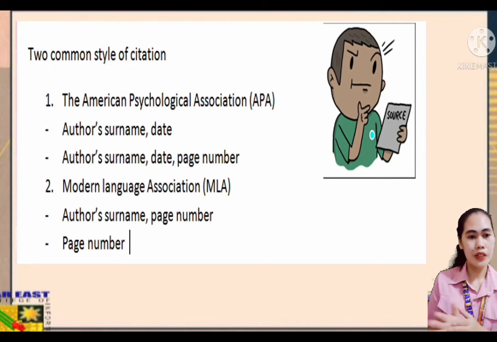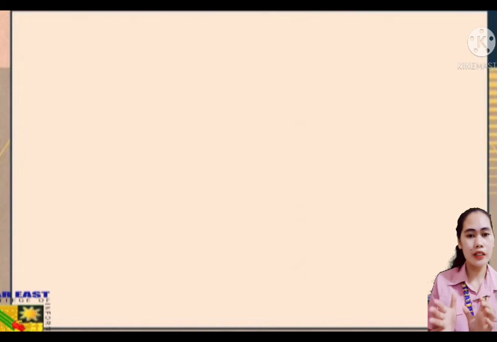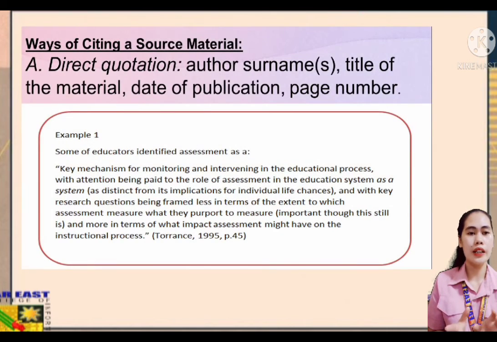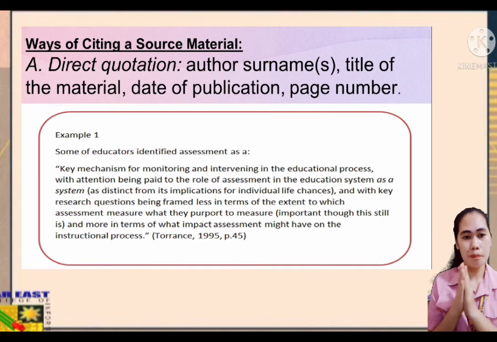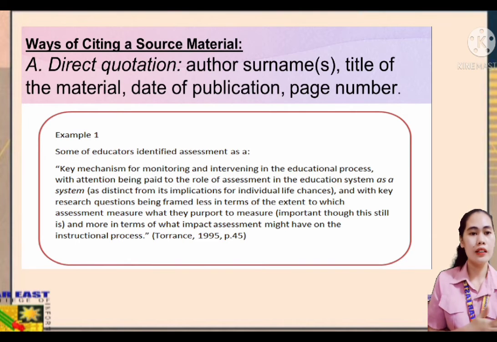Okay? So, ways of citing source material, meron tayong tinatawag na direct quotation. So, when we do direct quotation, author's surname, title ng material, date of publication, yung page number ng books, and then, all you have to do is you can directly lift a copy.